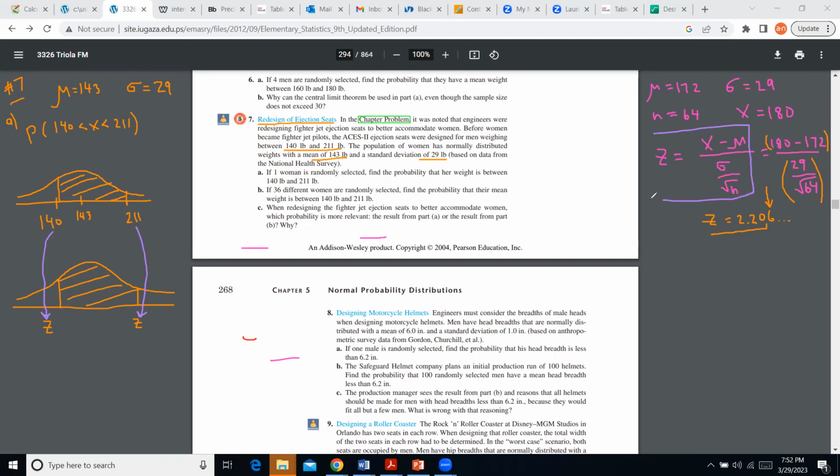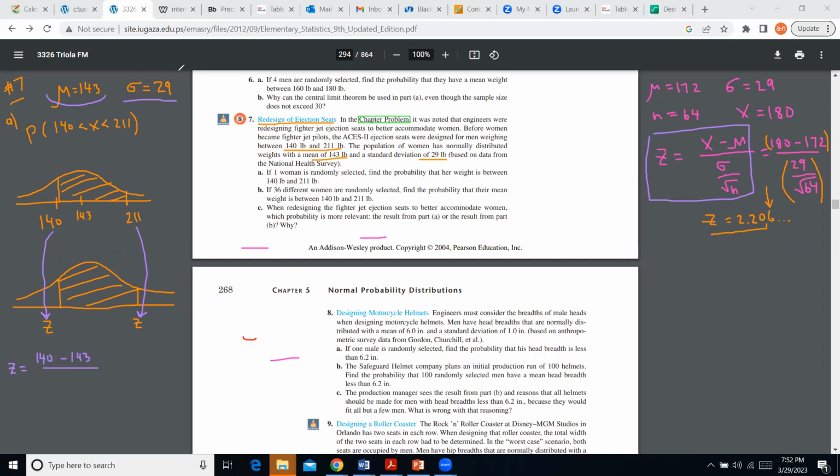So we're going to use that formula to find our z-scores. We're going to have those fractions, and on the top, we're going to put the differences of our x values with the mean. So 140 subtracted by the mean, which is 143, right? And divided by the standard deviation.